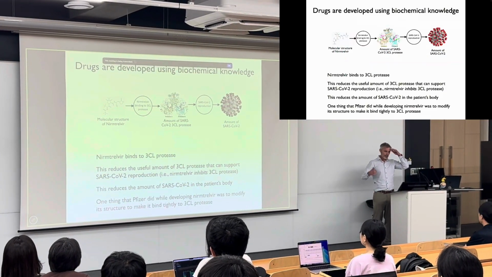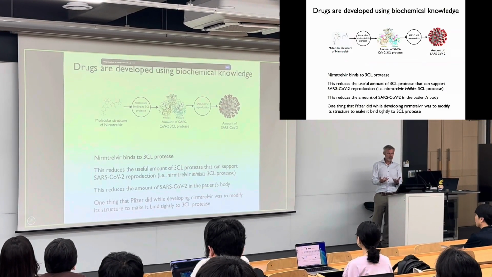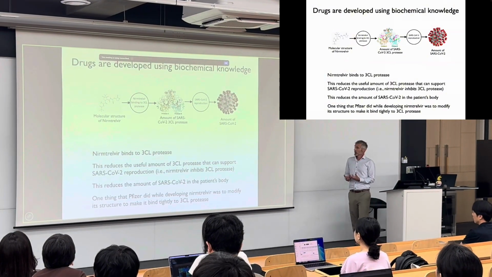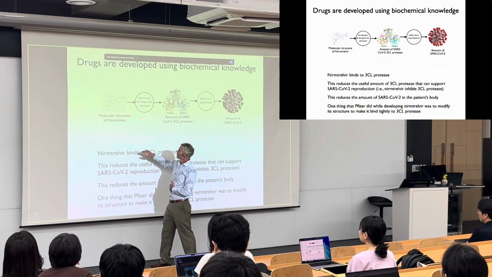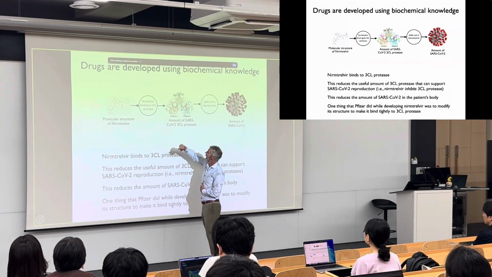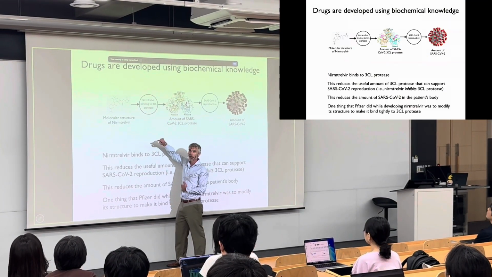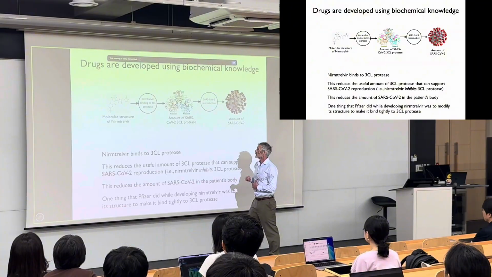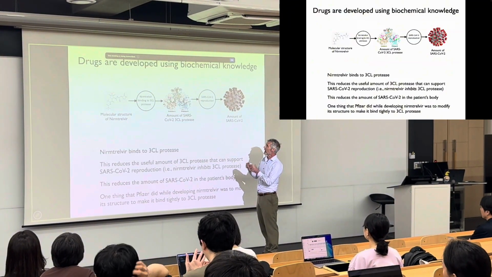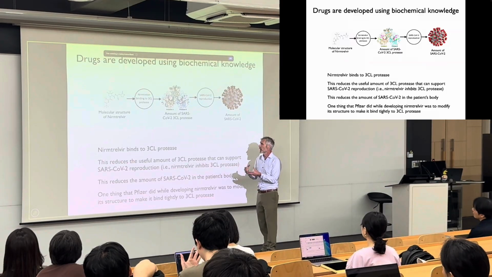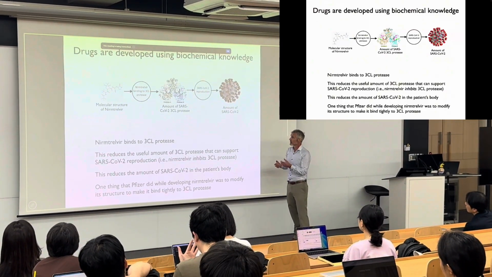So the core idea in this drug, Paxlovid, is we're going to create a molecule, later named nirmatrelvir, that binds to 3CL protease and prevents that bound complex from allowing SARS-CoV-2 to do the kind of copying that it needs, right?